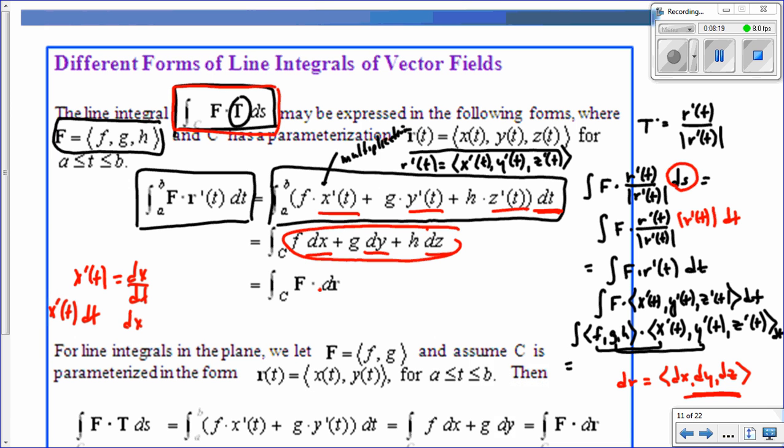So now, how we're going to evaluate it, the easiest way is to take this form right here. You have your r, which is your parameterization, find the r prime, take the vector field. You're going to have to represent the vector field in terms of the x and the y and the z, or in terms of t's, functions of t, using your parameterization, and then do the dot product and evaluate.